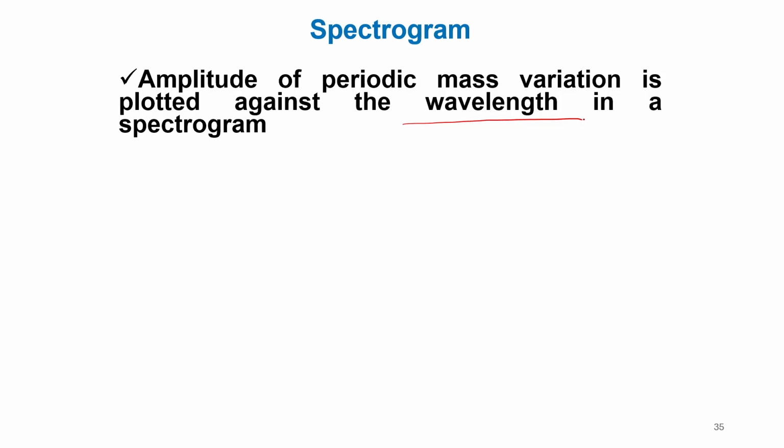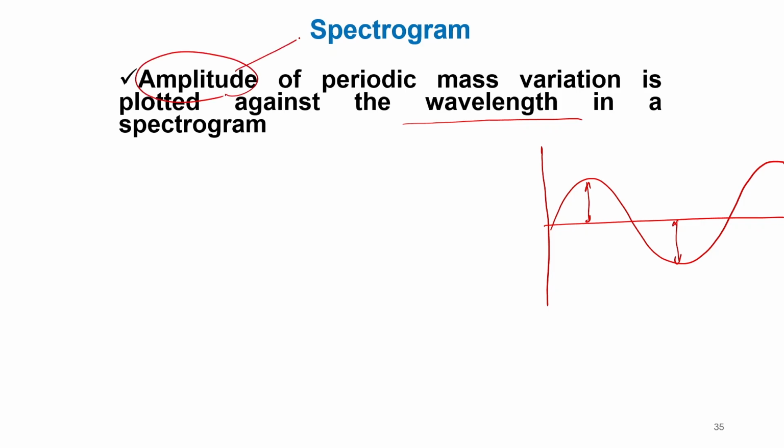In any wave we have seen earlier, the maximum variation is termed as amplitude, but here the term amplitude in the spectrogram is different.